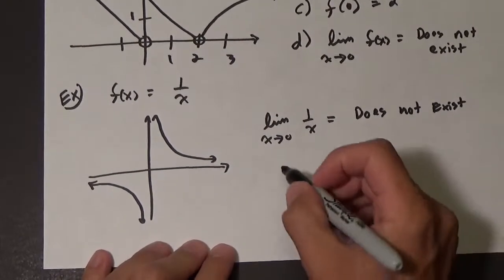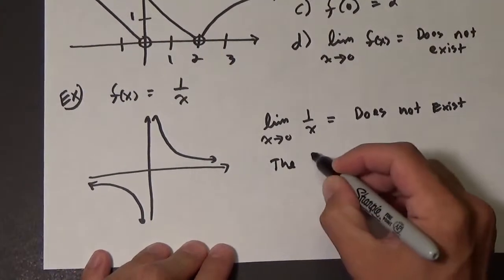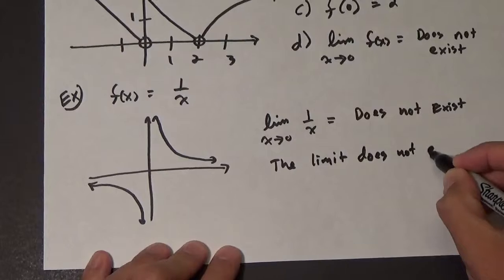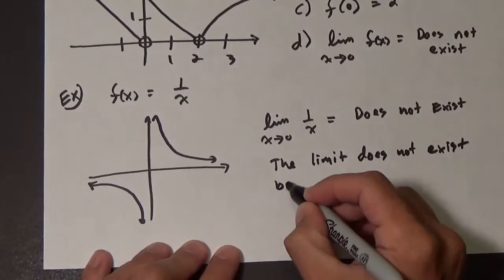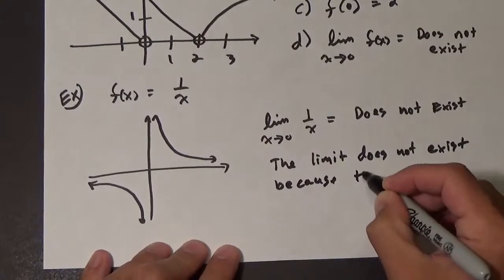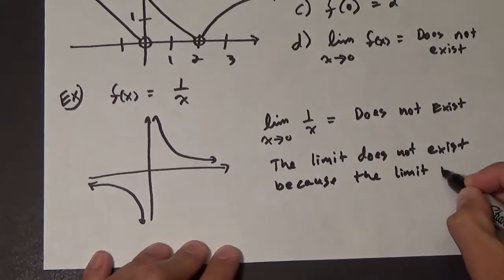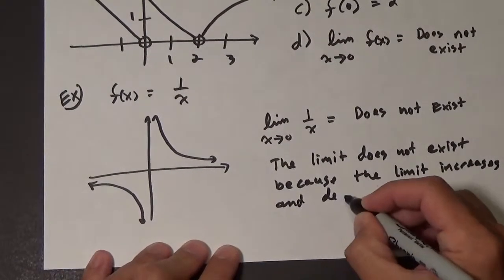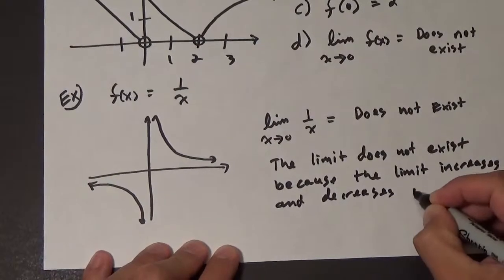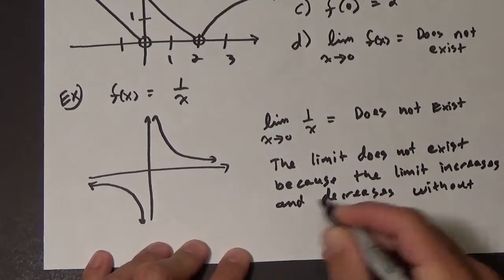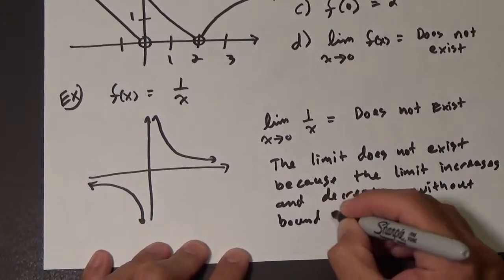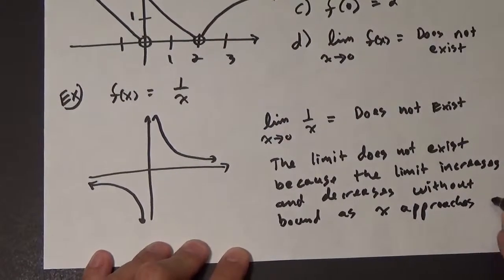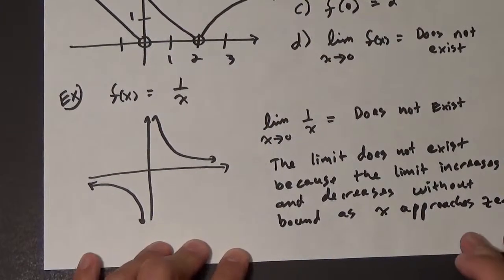So a good way to put it that sounds fancy is you can say the limit does not exist because the limit increases and decreases without bound as x approaches 0.